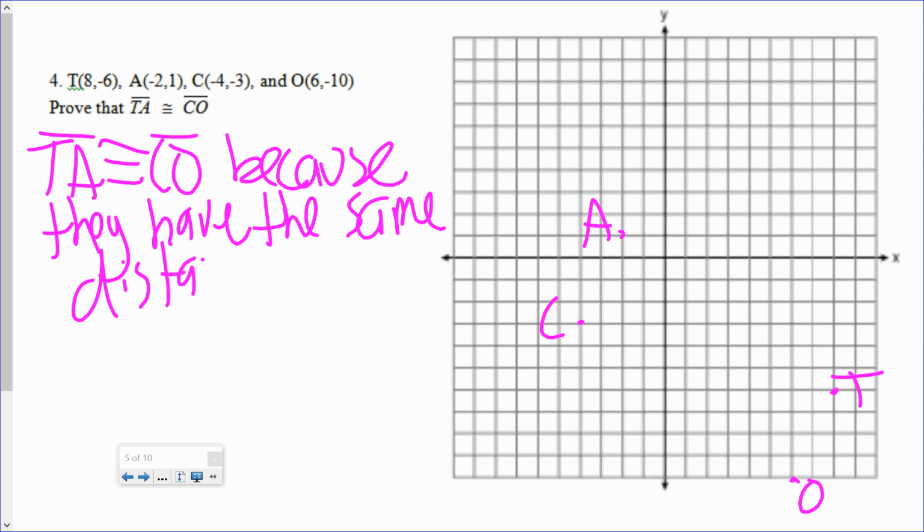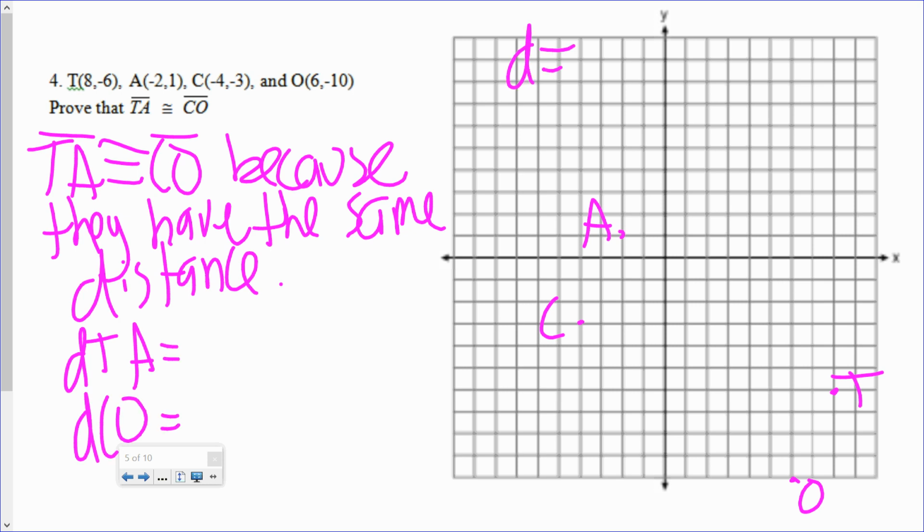So I have to show they have the same distance by finding the distance of TA and the distance of CO. Distance equals radical delta x squared plus delta y squared. You really don't have to draw the lines in. There's nothing wrong with doing it, but you're basically just counting between them. So TA is 1, 2, 3, 4, 5, 6, 7, 8, 9, 10, and 1, 2, 3, 4, 5, 6, 7.